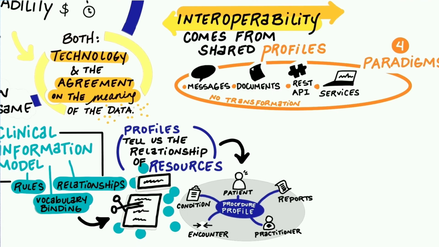So for example, if it was for a procedure, it could be a laboratory procedure, an imaging procedure, a surgical procedure. All procedures have certain things in common in terms of a data model. They are all referred to a particular patient. So the FHIR patient resource, procedure resource. What procedure is it?